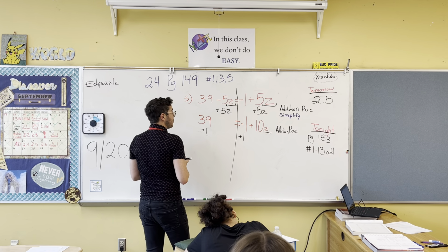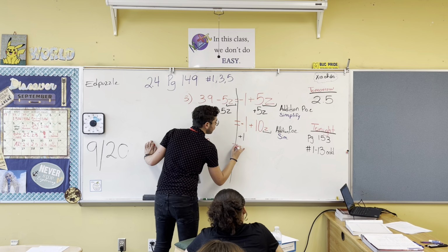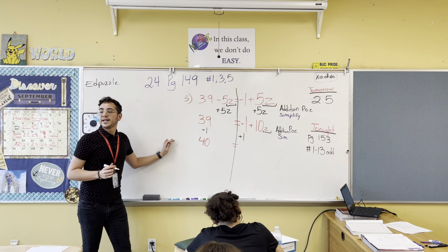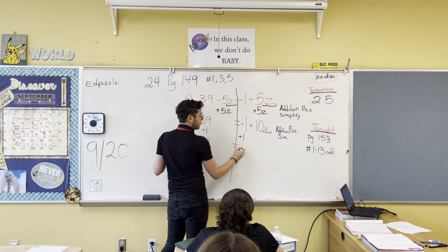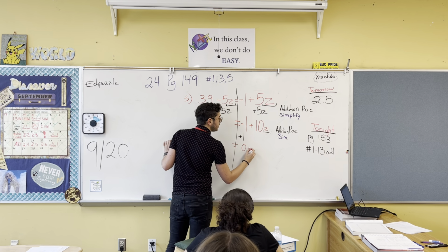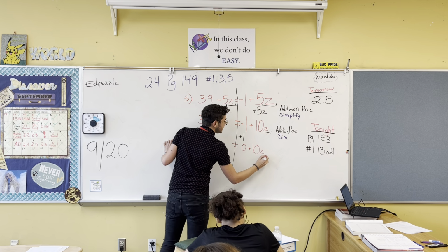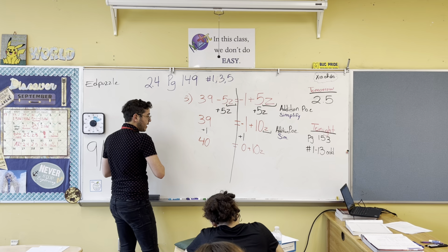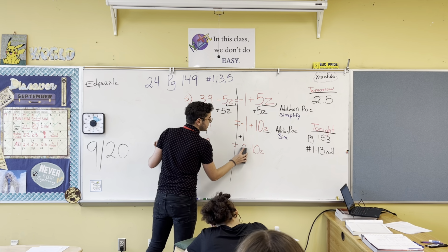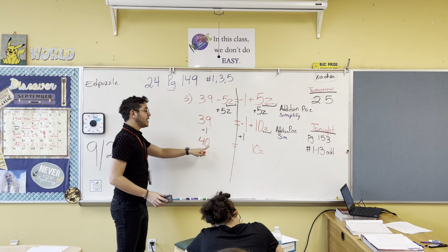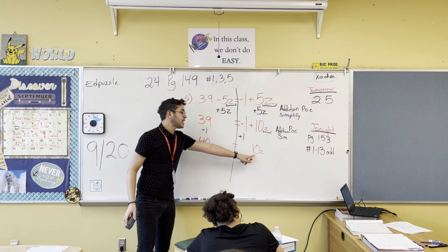39 plus 1 is 40 equals -1 plus 1 is equal to what? 0 plus 10z. Can we make that 0 go away? Yes, we can erase it. So we have 40 is equal to 10z.